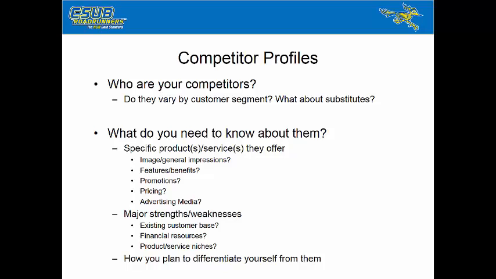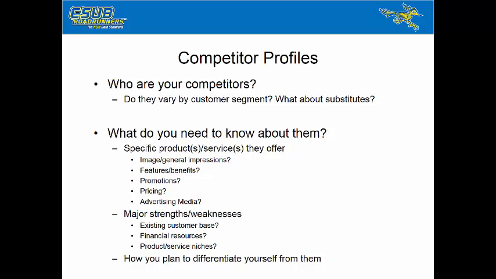So what do you need to know about competitors? You need to know about the specific products and services they offer, about major strengths and weaknesses, and about how you plan to differentiate yourself from them. Specifically talking about products and services, you want to know about image and general impressions of the competitors' products and services.